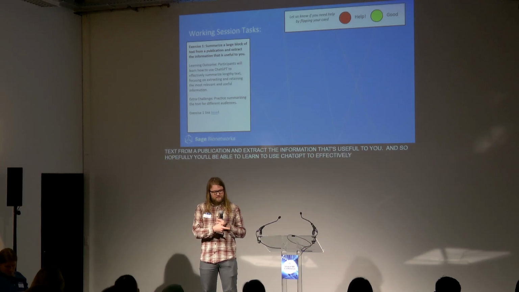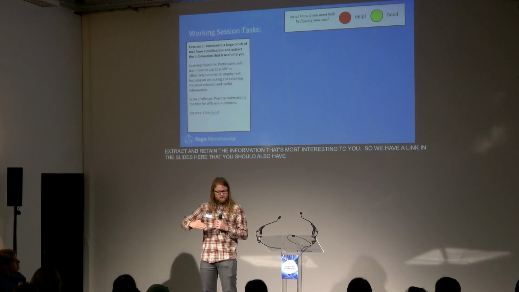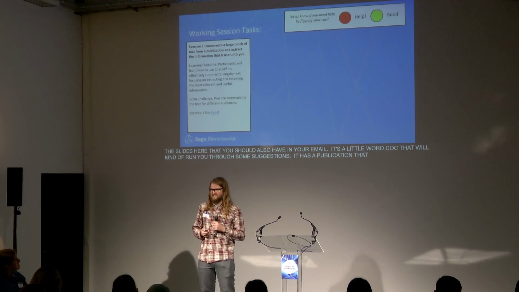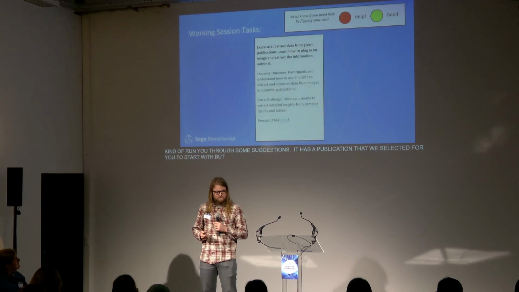We have a link in the slides here that you should also have in your email. It's a little Word doc that will run you through some suggestions. It has a publication that we've selected for you to start with, although you're welcome to put whatever complex text you'd like in and experiment as you will.